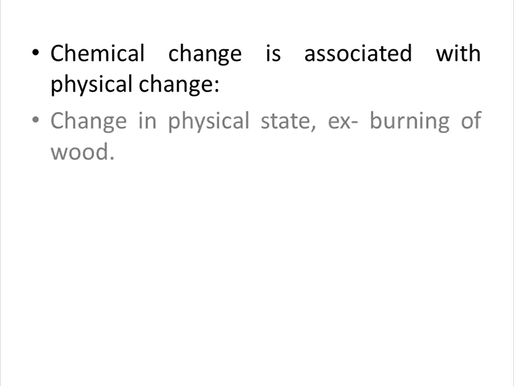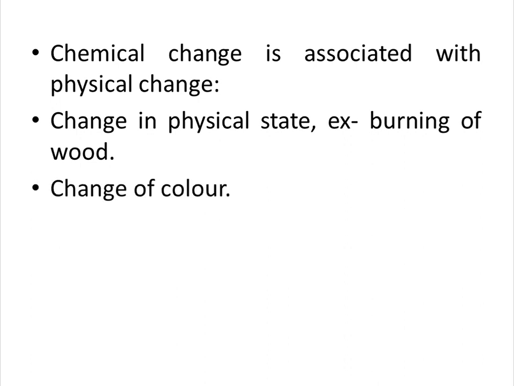Let's see some examples of it, like burning of wood or burning of coal. If coal burns, it will change into carbon dioxide. So a solid substance will change into a gaseous substance, and its color will also change. Coal is black in color, and the carbon dioxide that will be formed will be colorless, right? Change of color.